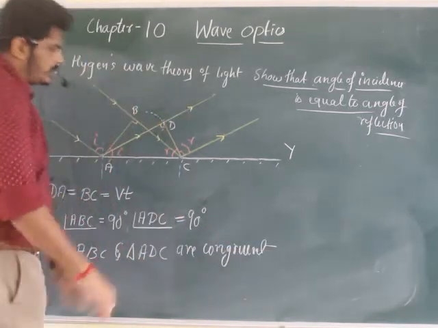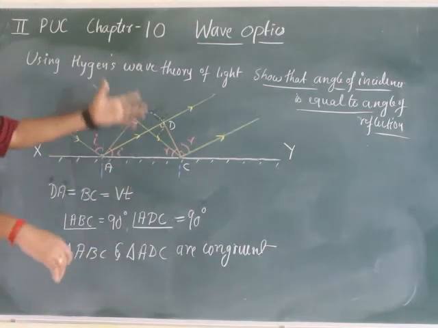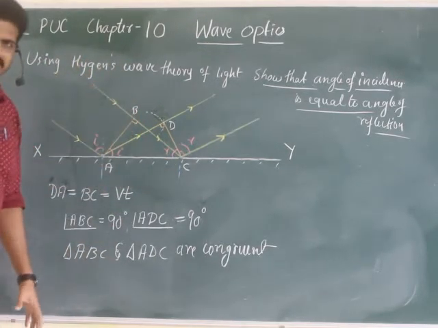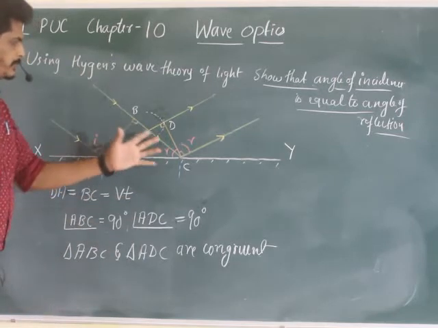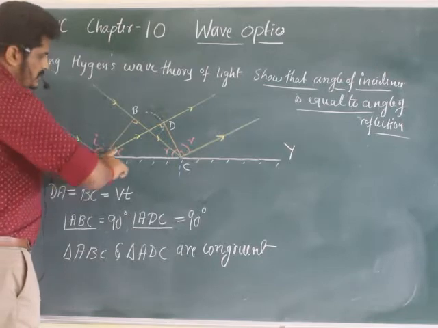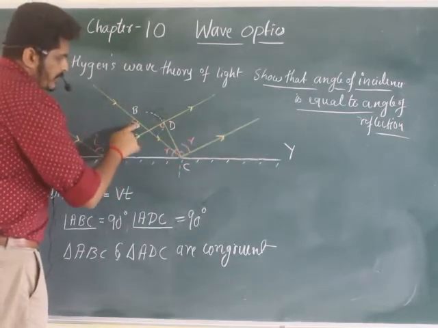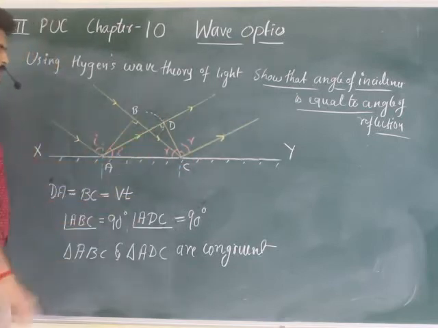That means they are congruent triangles. So when they possess the same properties, the angle of incidence of the first ray and the angle of reflection of the second one have to be one and the same.